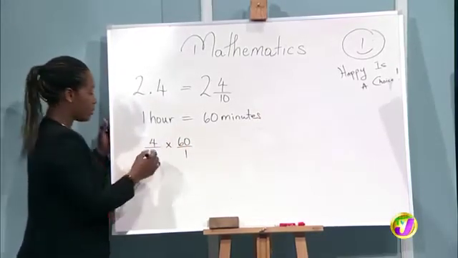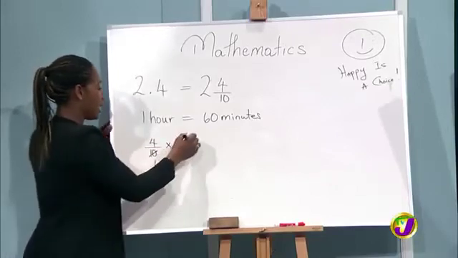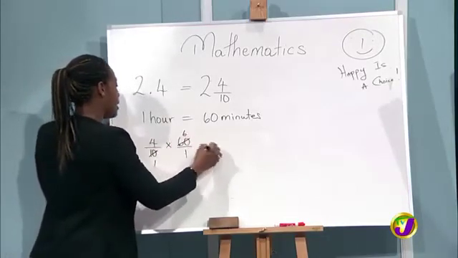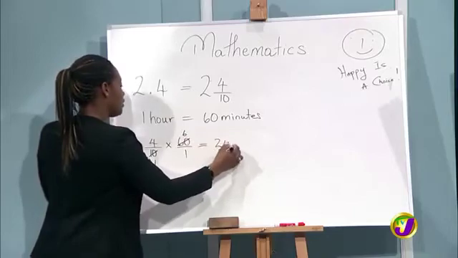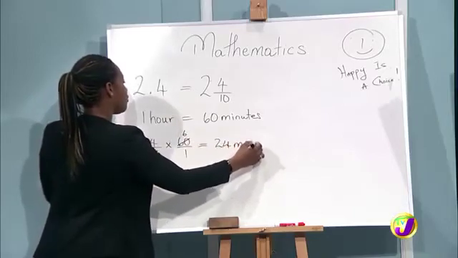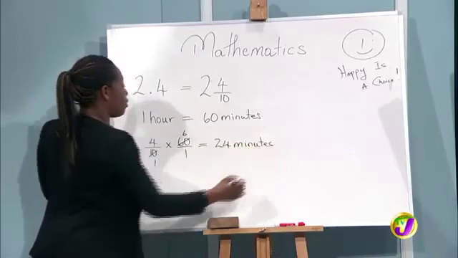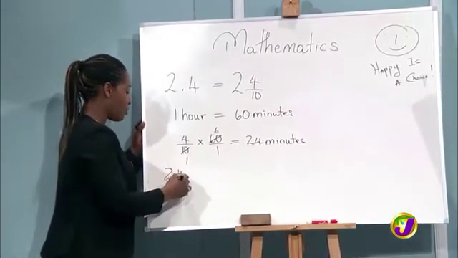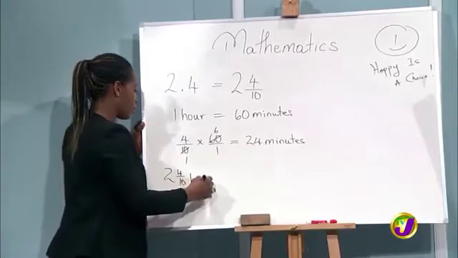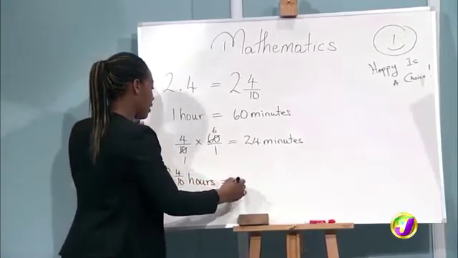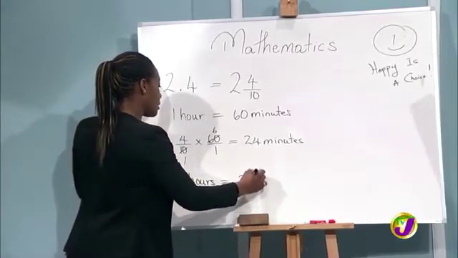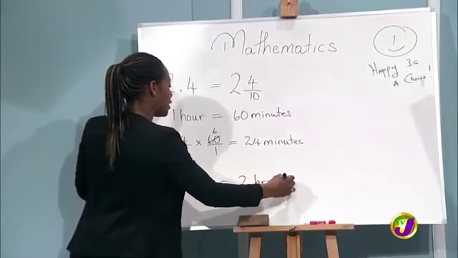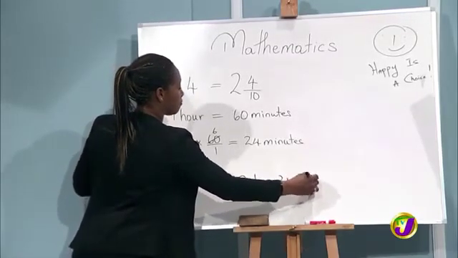Simplify wherever possible. 10 into 10 one time, 10 into 60 6 times. 6 fours is 24. So what we're saying, 4/10 of an hour is 24 minutes. So if we have 2 and 4/10 hours, it is equivalent to 2 hours and 24 minutes.